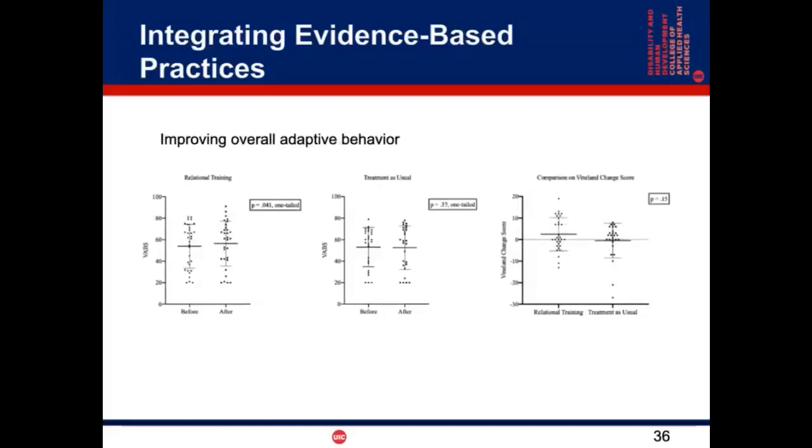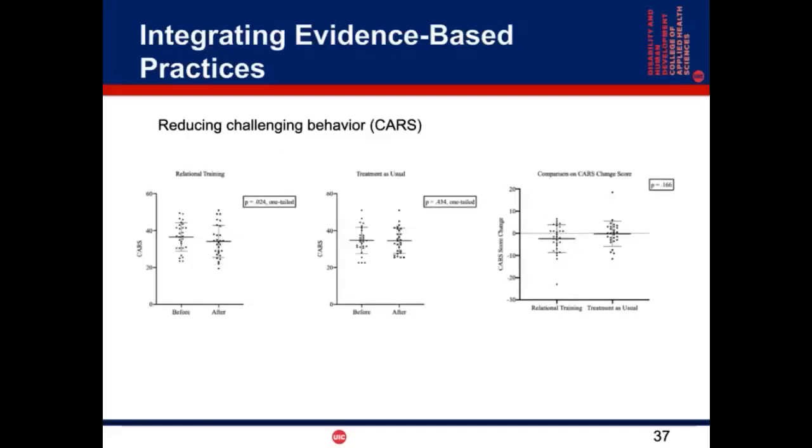Next slide. In terms of adaptive behavior, when children's caregivers complete the Vineland Adaptive Behavior Scale, we see improvements in the treatment group. We fail to see those same improvements in the control group. Next slide. And when we look at the CARS autism symptomology screening tool, we see a reduction in autism symptomology in that treatment group compared to the control group.